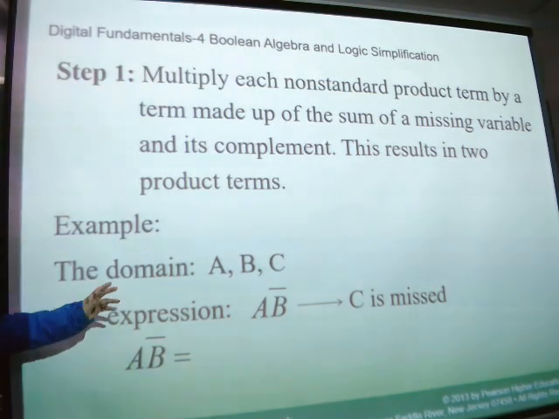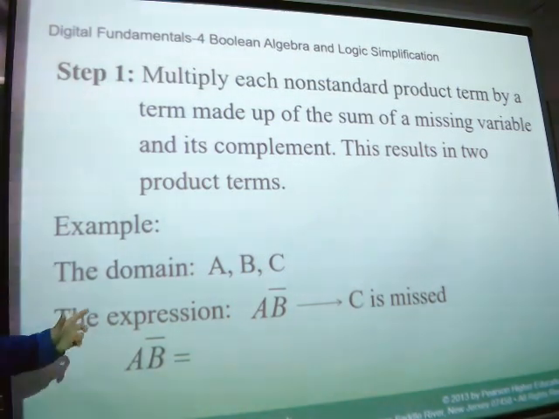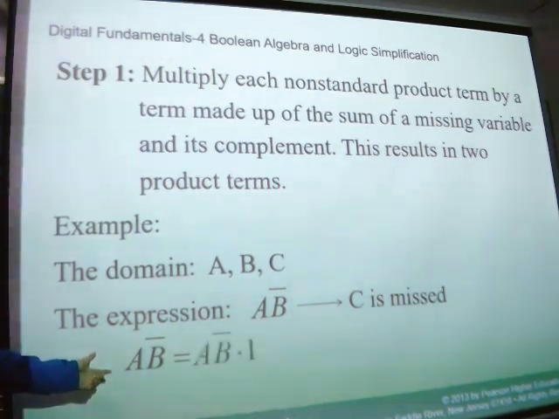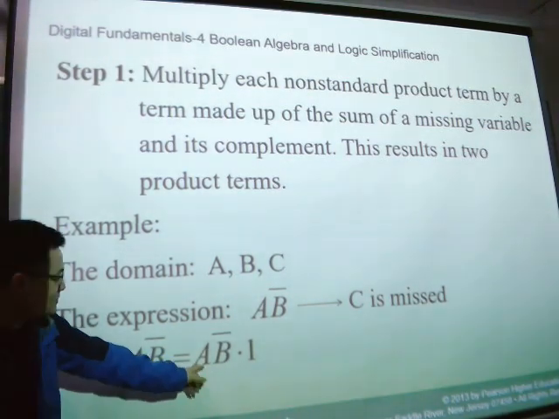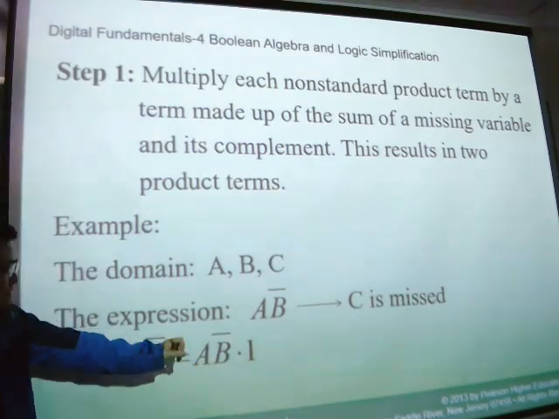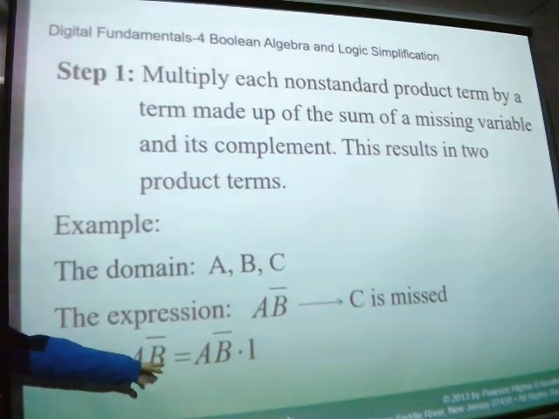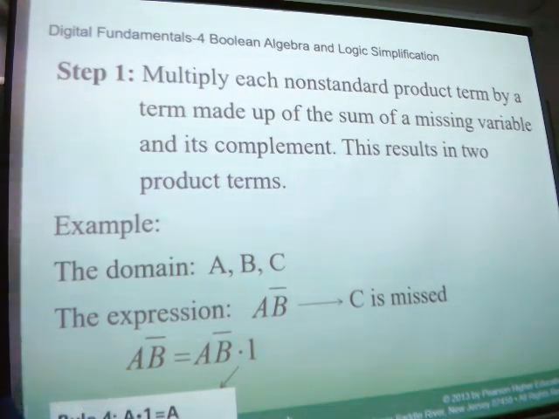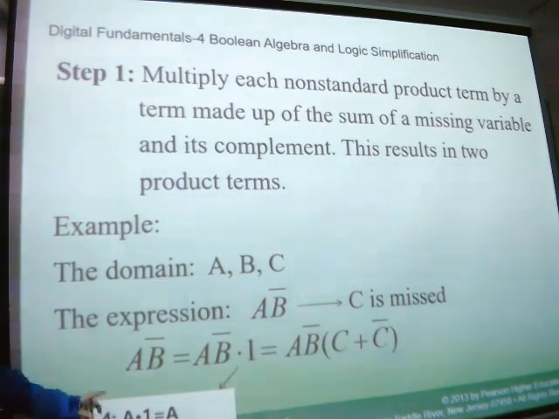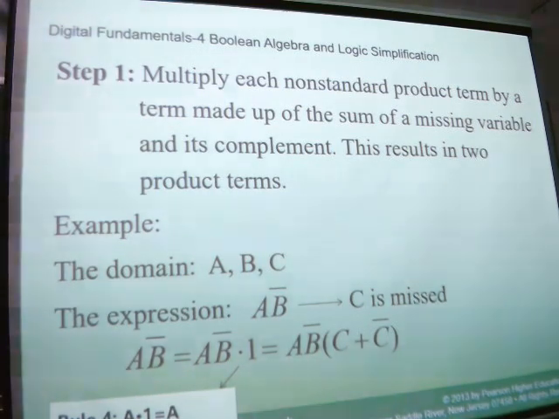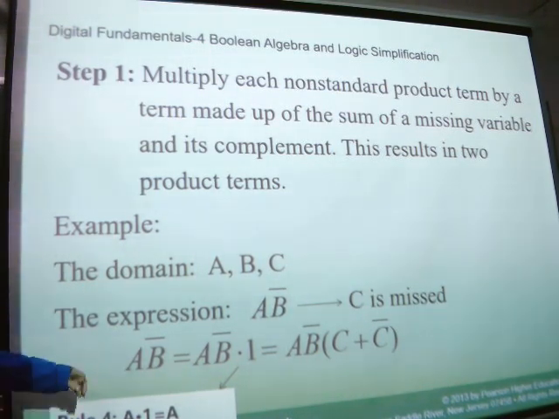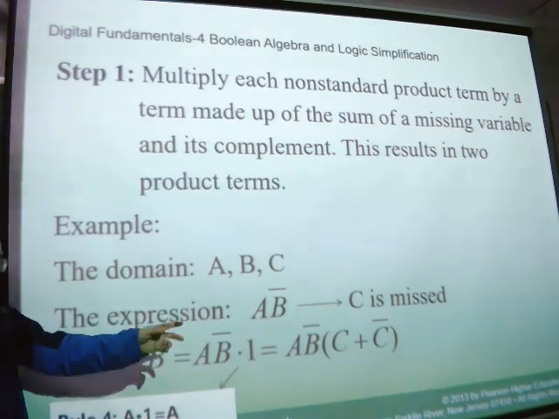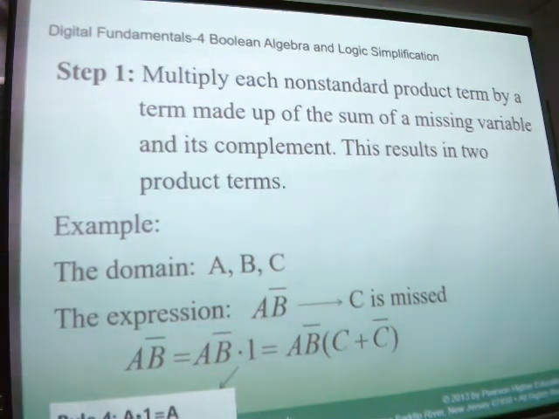We can use C plus C bar equals 1. So A plus 1 and 1 is equivalent. Then 1 equals C plus C bar, right? 1 equals C plus C bar.